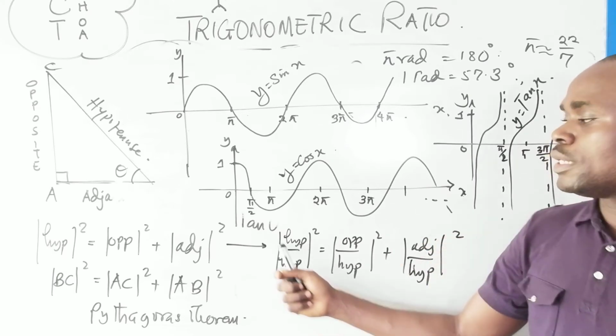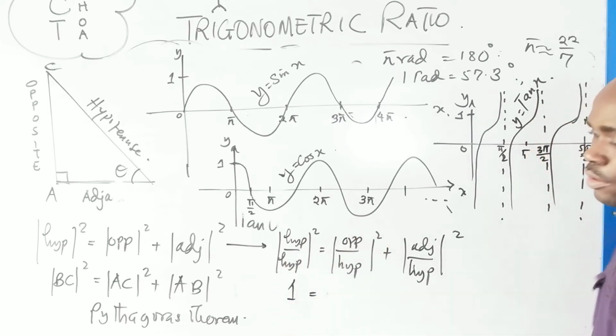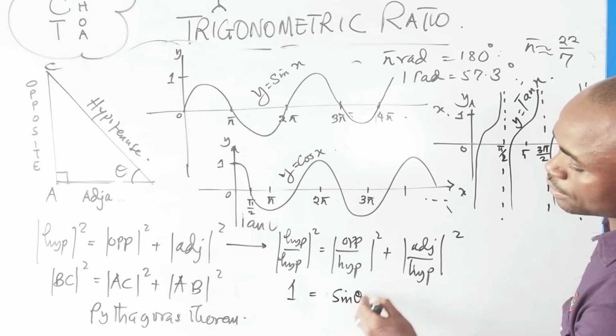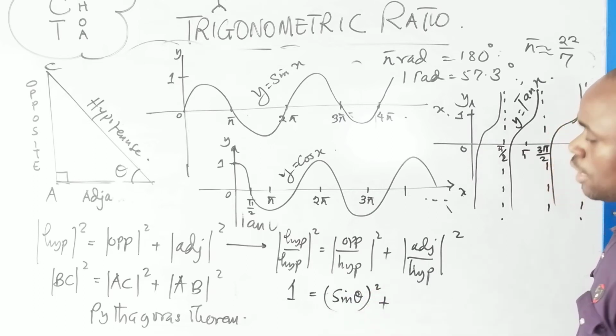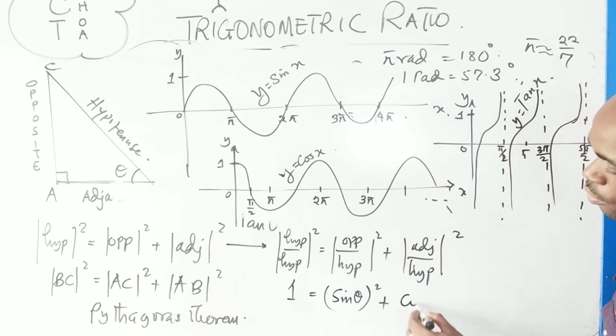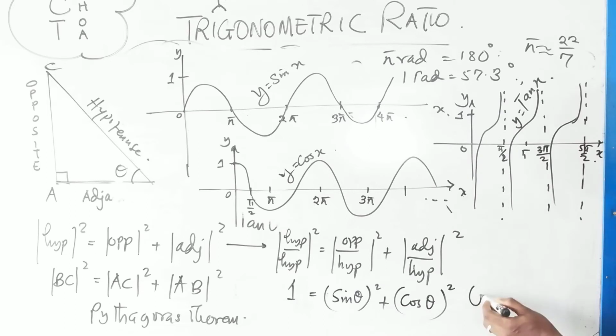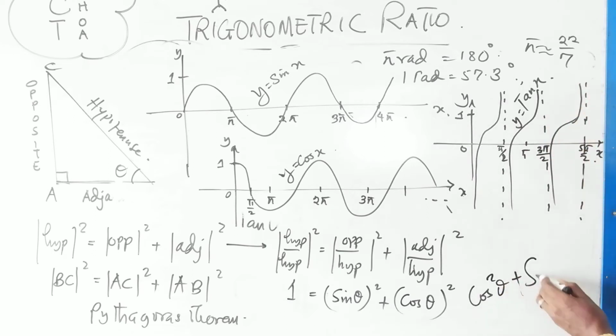But recall that this is 1 by ratio, and opposite by hypotenuse is sine. So I'm going to have sine squared theta, and adjacent over hypotenuse gives us cos theta, all squared, and that is going to give us cos squared theta plus sine squared theta equals 1.